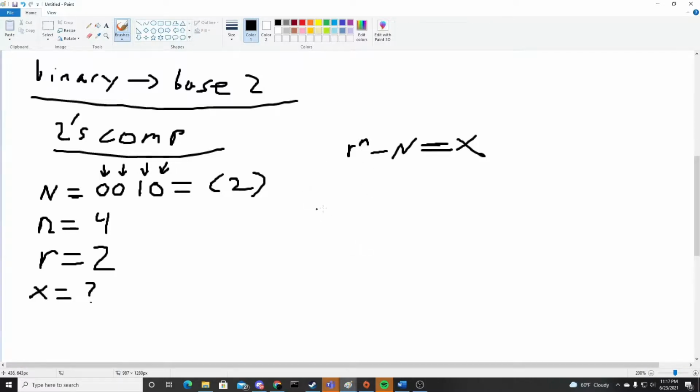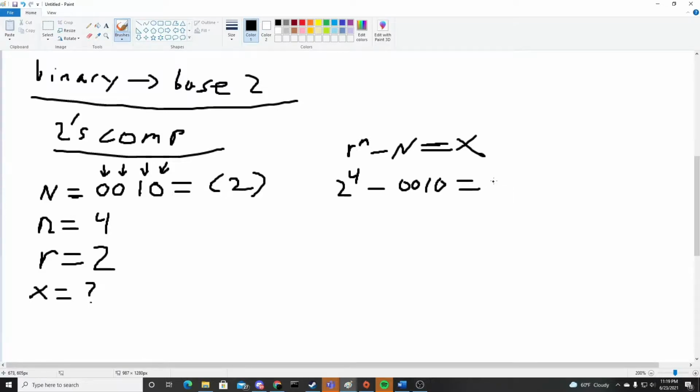And so let's fill in the numbers here. Our r, since we're working in base 2, is going to be 2 to the nth power, which is 4, lowercase n that is. And then we're going to subtract 0, 0, 1, 0, equals x. And so before we solve this equation, let's figure out exactly what we're trying to do here.